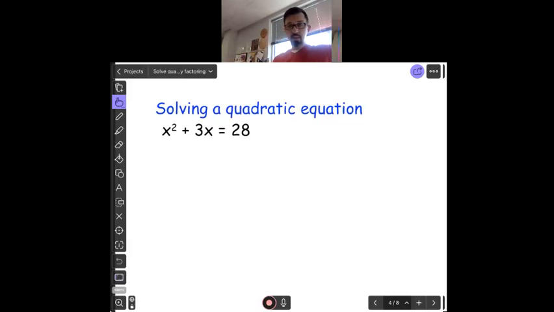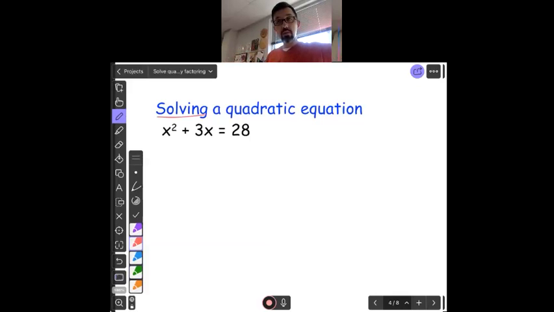Okay. 28's on, so Cam is saying 28's on the other side instead of 0, right? So Cam is noticing that it's not equal to 0. So remember what we're after here. We're after the solving, which is the same thing as being after the zeros, which means that the y value has to be 0, right?